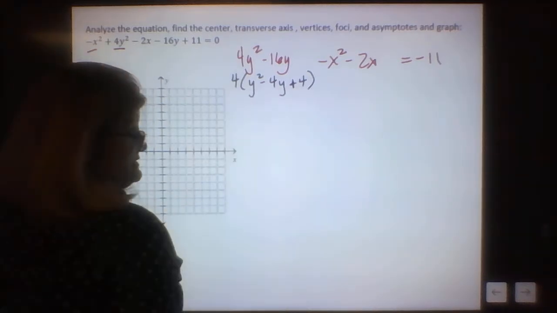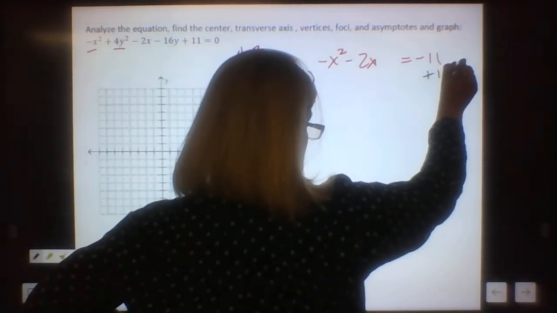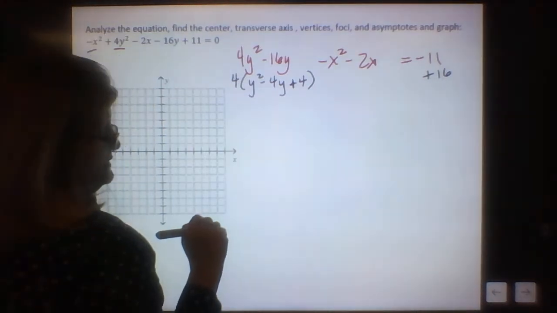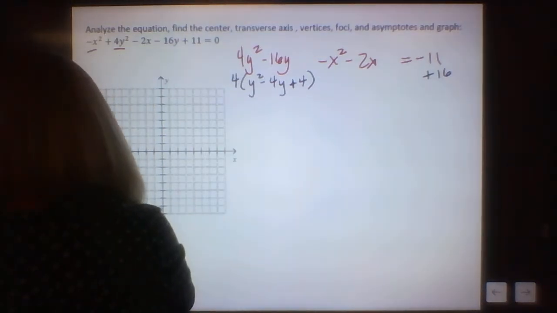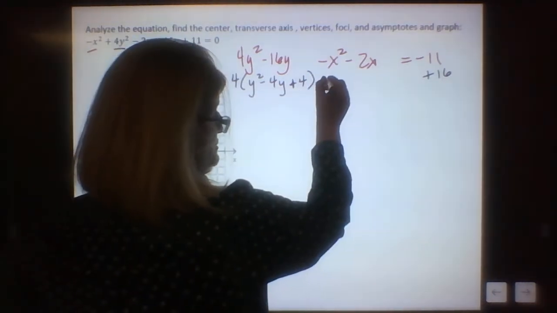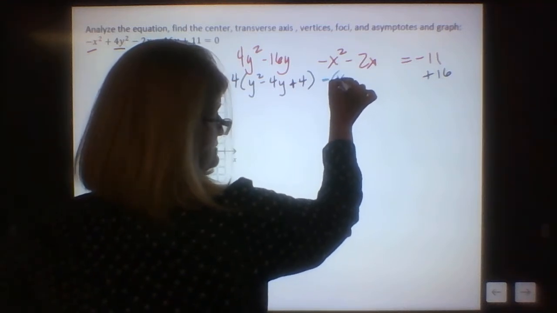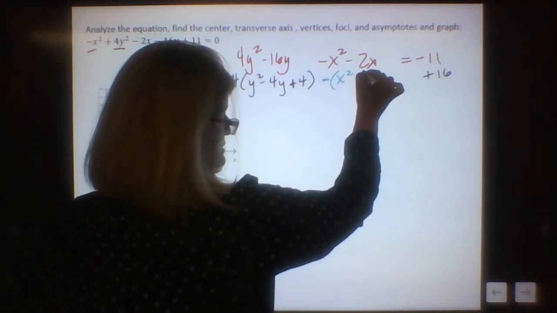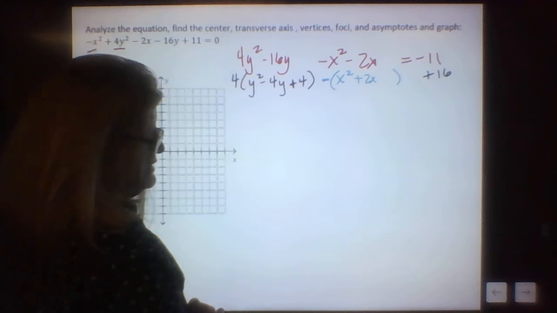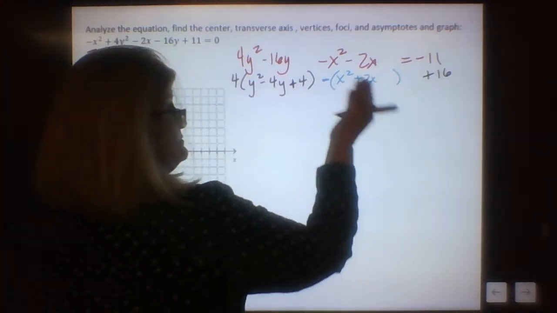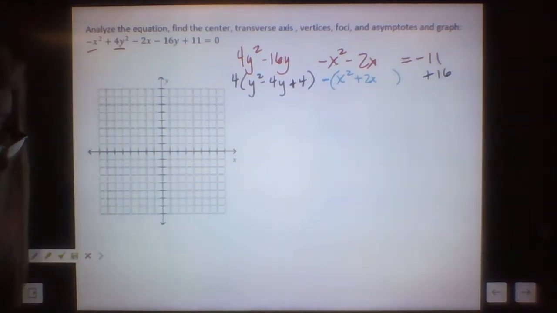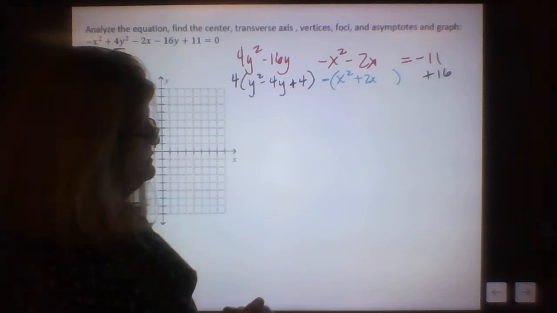It's actually 16 that I'm adding. So I need to add 16. Now, let me do this side. I'm going to factor out a negative x, because what's inside there needs to be positive.